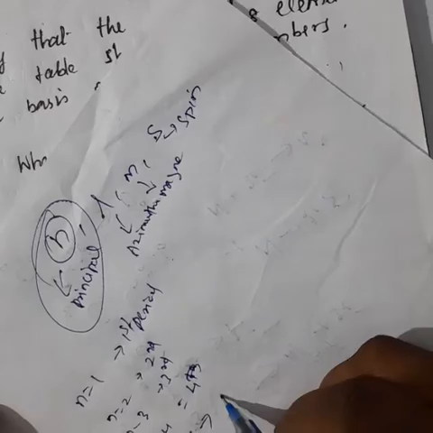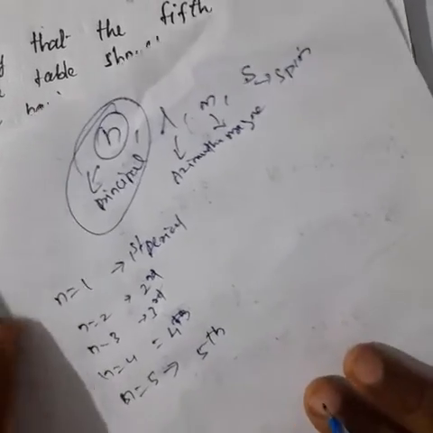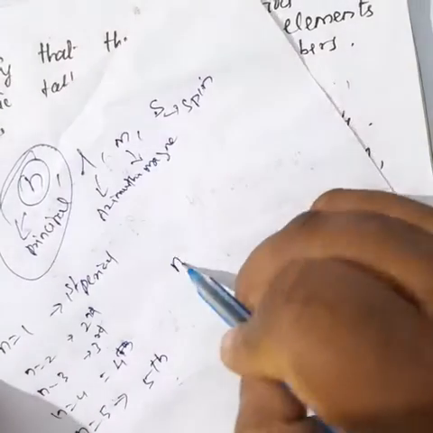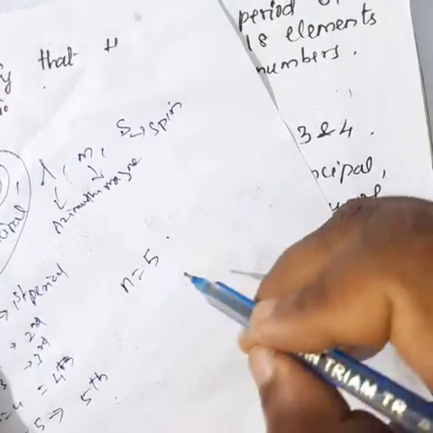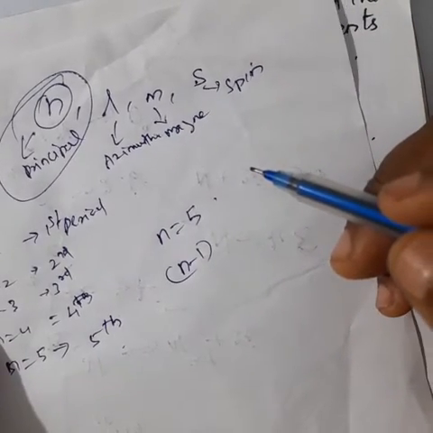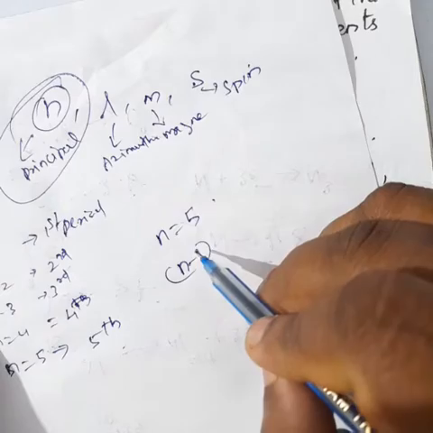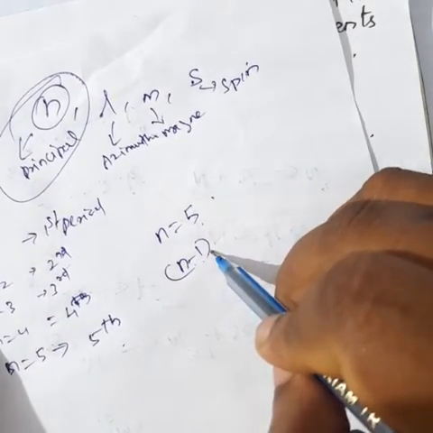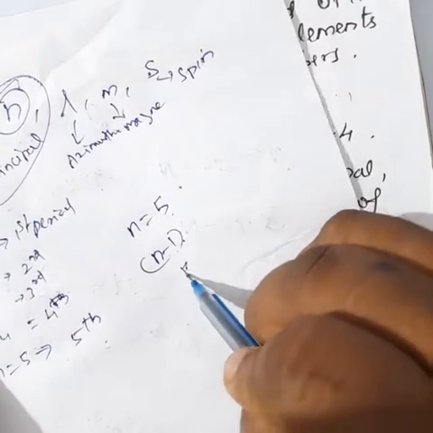What is the L value? When N is equal to 5, the L value is obtained from N minus 1. When we write the integral values of L, it starts from 0 to N minus 1. So N is equal to 5, 5 minus 1 is equal to 4.